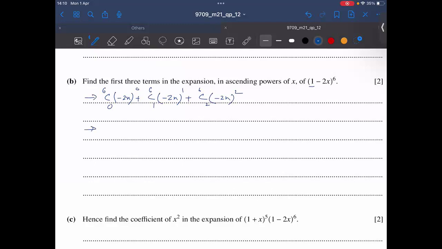That's how you can quickly write all the terms when you're expanding the bracket. Then we have 1, then minus 12x, then 6 times 5 is 30 over 2 is 15 times 4 is 60x square.